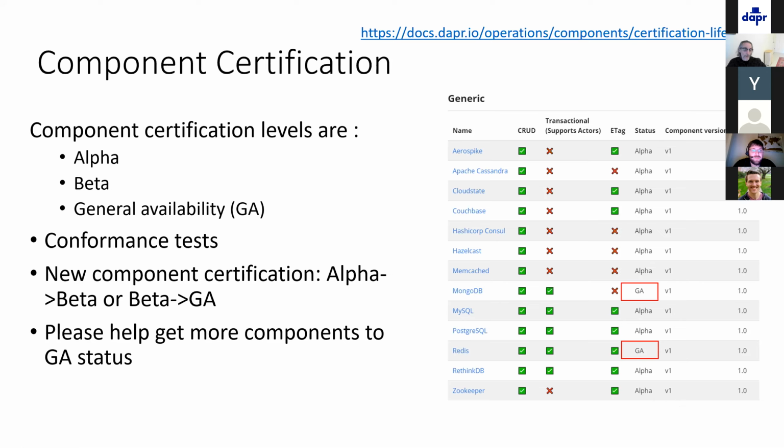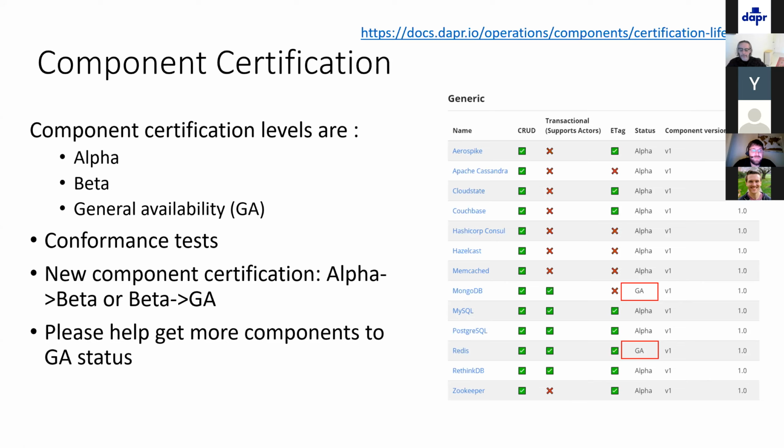If there's one thing that you could really help us with, it's this: if you have favorite components that you're using here, we know that many of these are being used today, but we don't necessarily have full verification of these things. So if there are components that you're using, for example the MySQL component or one of these other state stores, we would love for you to help contribute to build out some of the component certification test cases in order to get it to beta status.